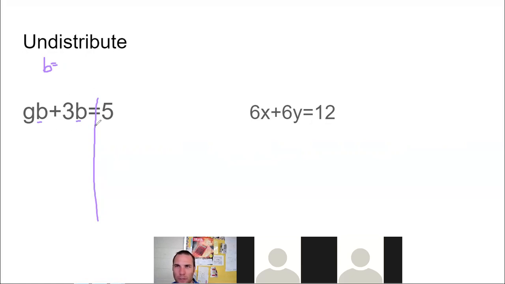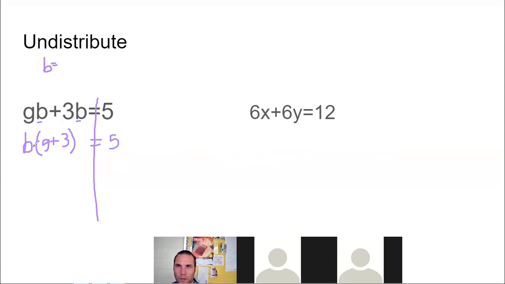But I'm allowed to use the distributive property to undistribute. If I can do the distributive property, then I'm able to do it also backwards. So this would be the same as saying B times G plus 3.